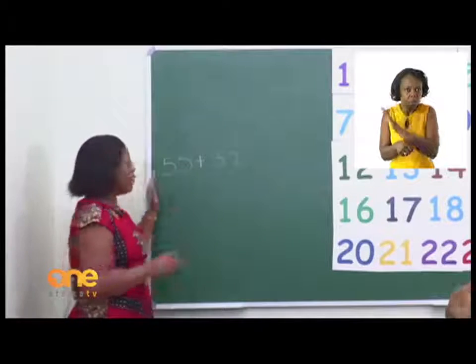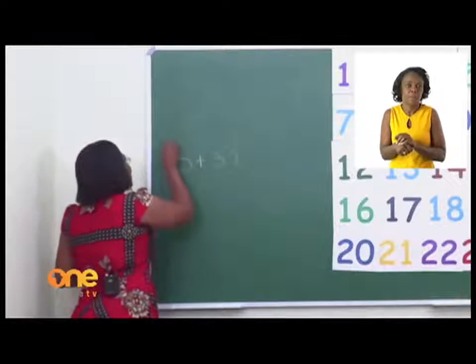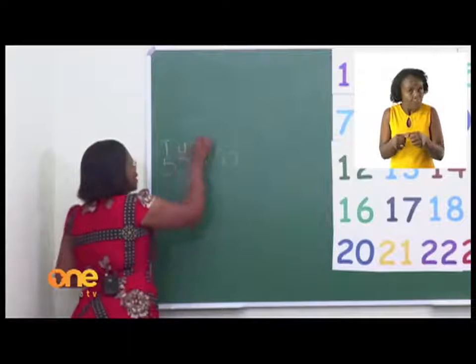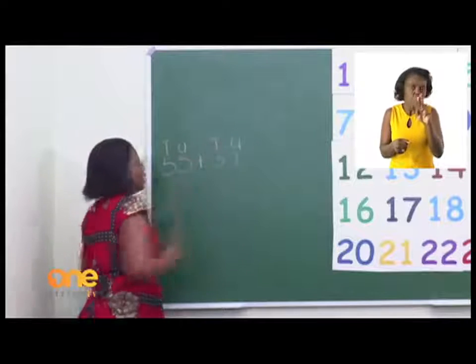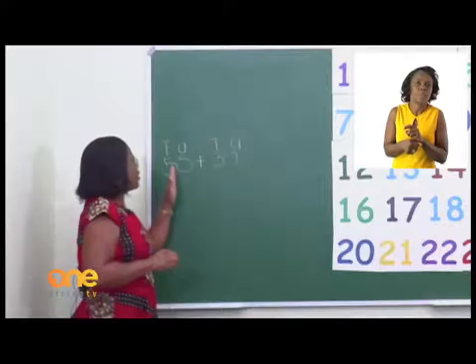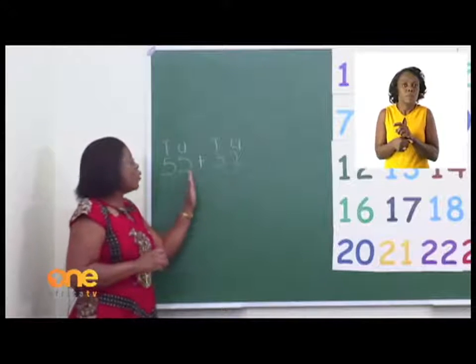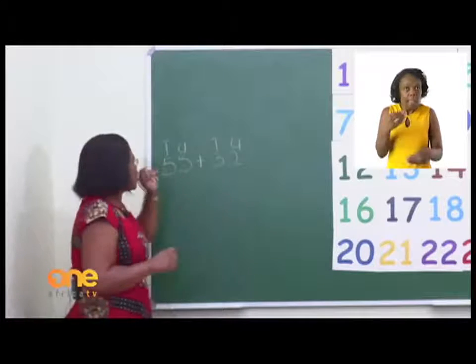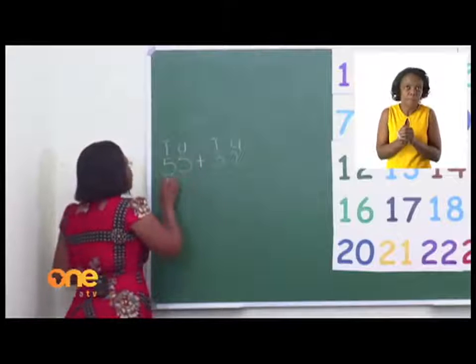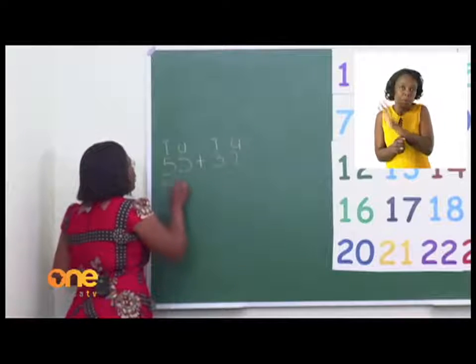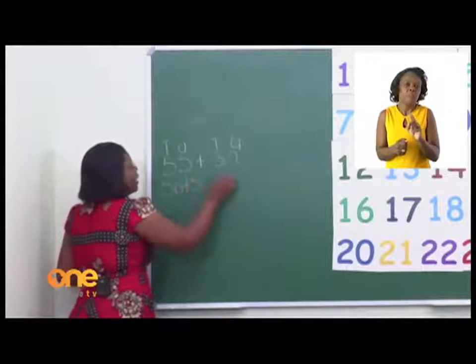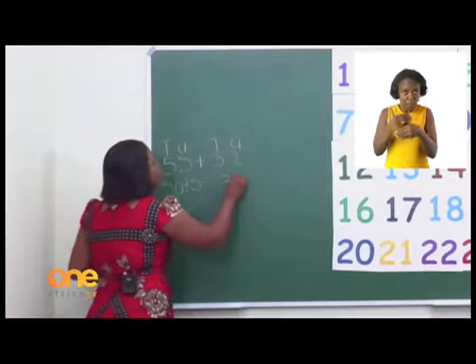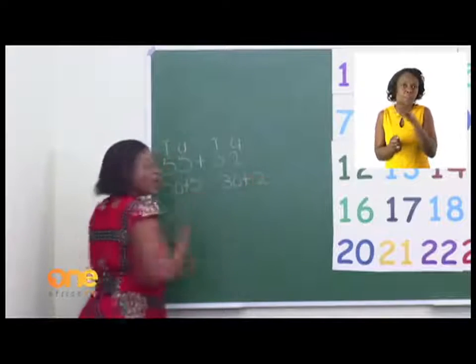So in 55, remember, we have the place values. Don't forget the place values. We are going to first add the tens and then we add the units. So we break it down first. 55 will be 50 plus 5, and here we are going to have 30 plus 2.